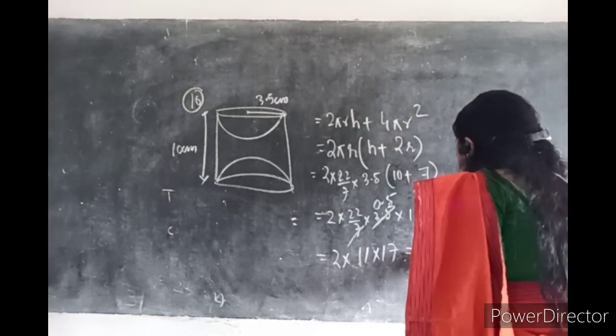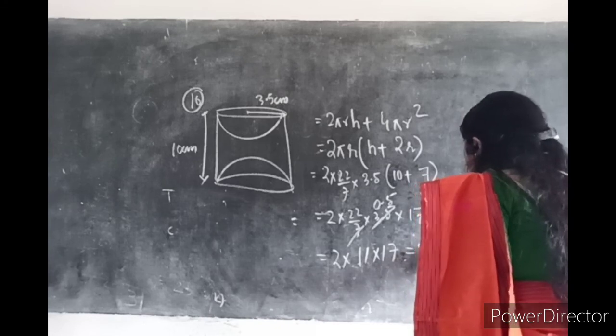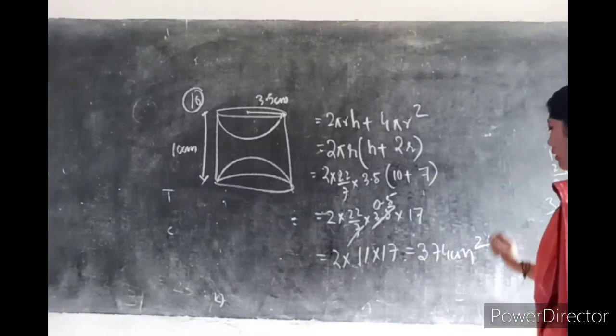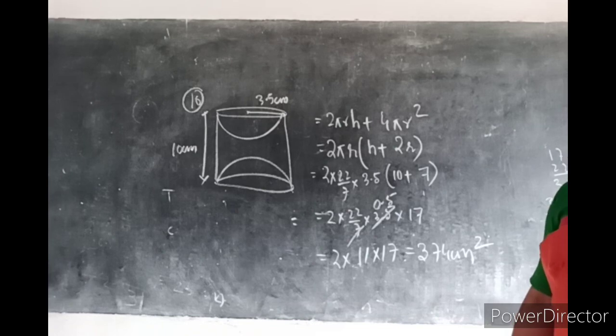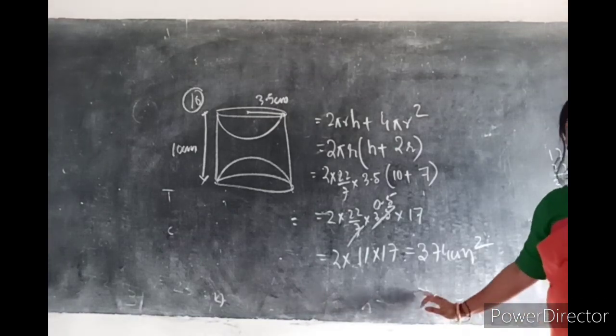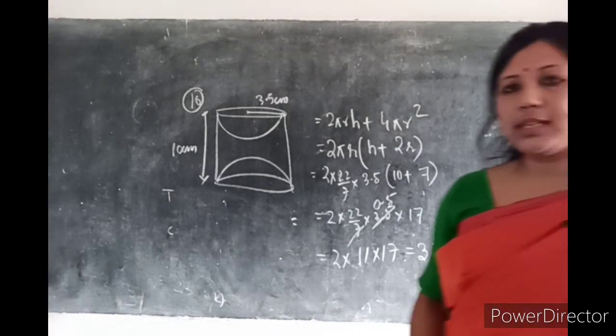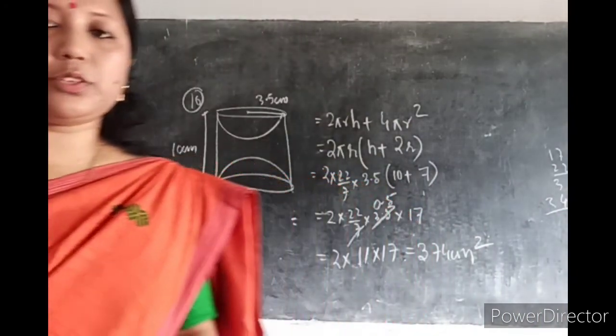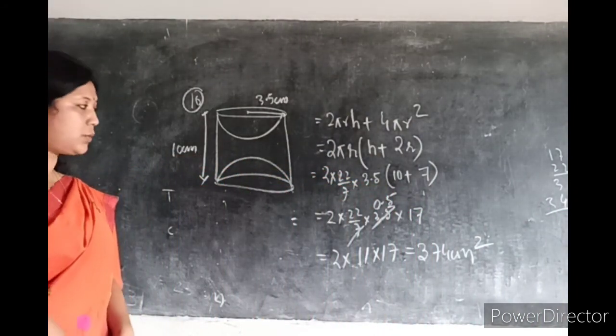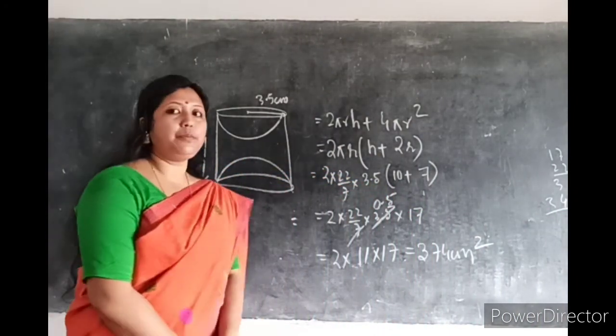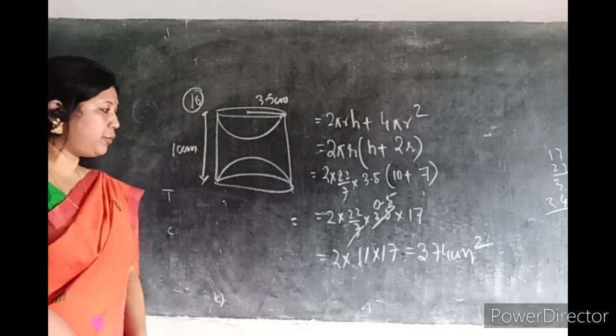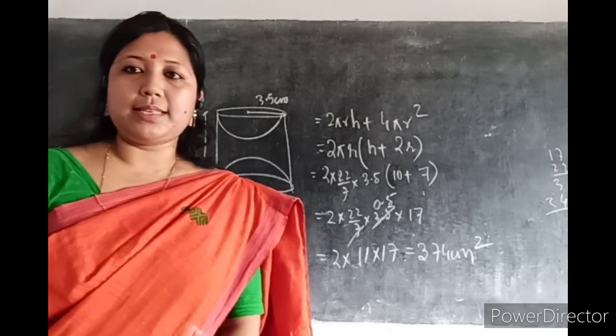That will be equal to 374 centimeters square, the total surface area of this wooden article. So in this way we find the solution to the last question of exercise 13.1. So the answer is coming to be 374 centimeters square.